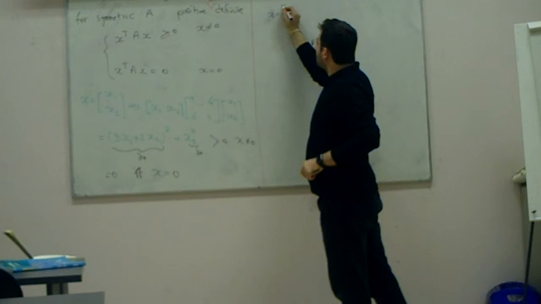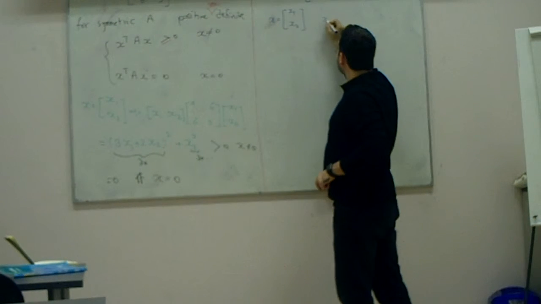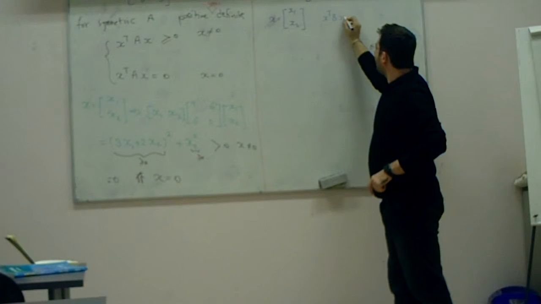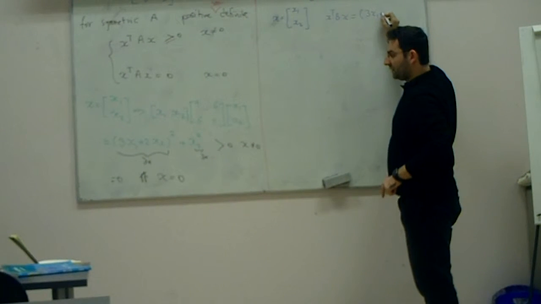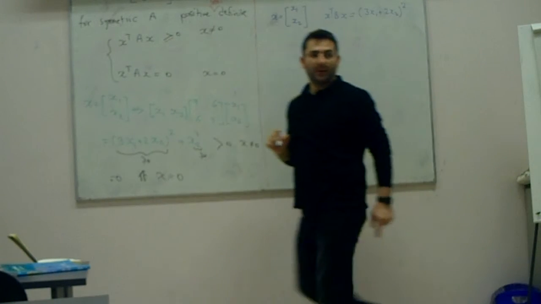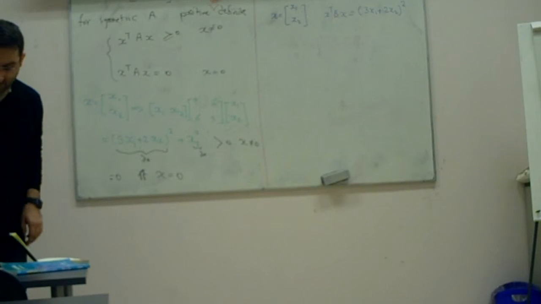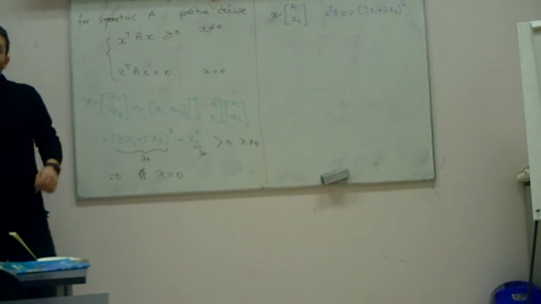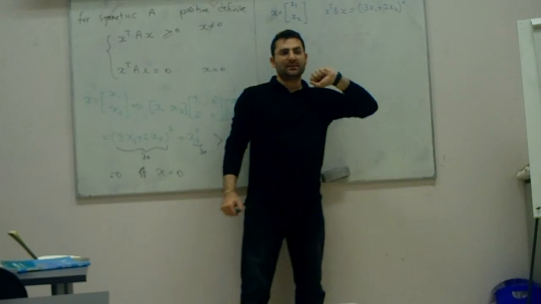Again, we define x to be x1, x2. And if you compute x transpose Bx, you will get this expression: (3x1 + 2x2) squared. We can check it. One question, Suman. What can we say about this?